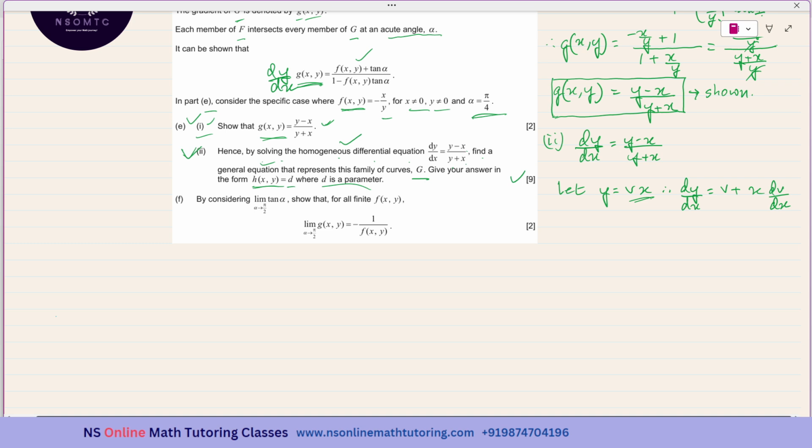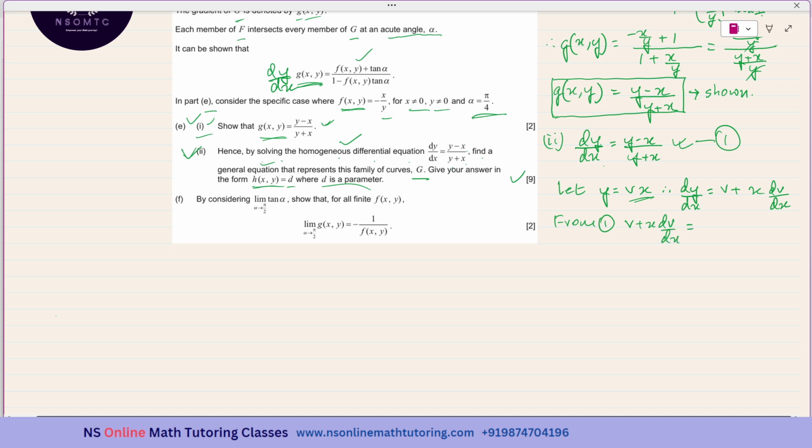So now I will be substituting in this equation. So from 1, in place of dy by dx, I will be writing v plus x dv by dx.